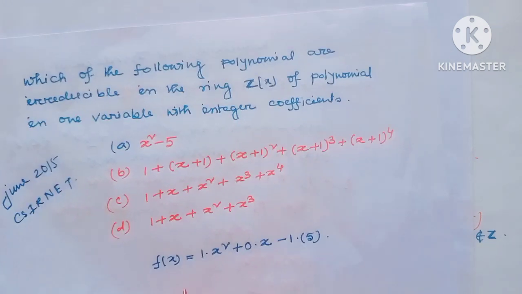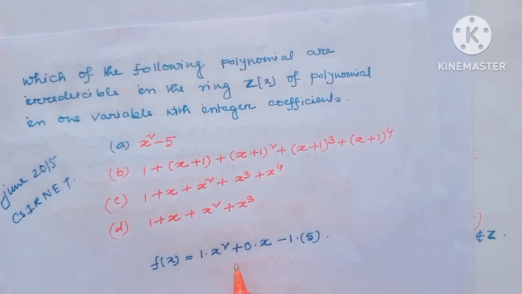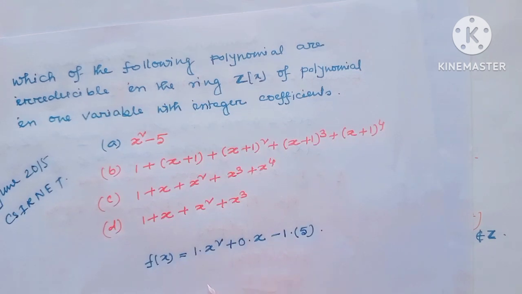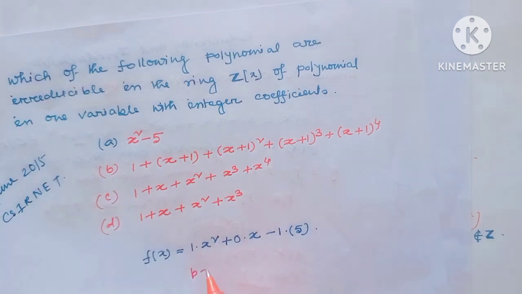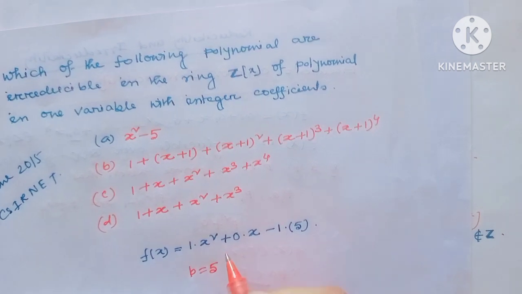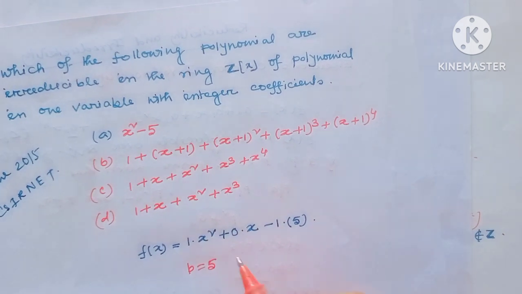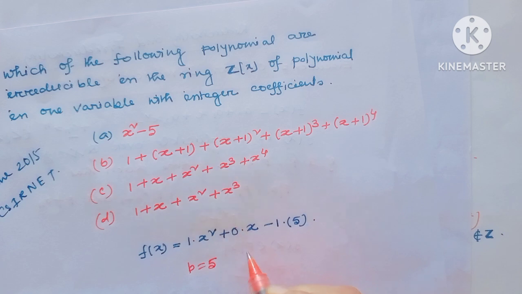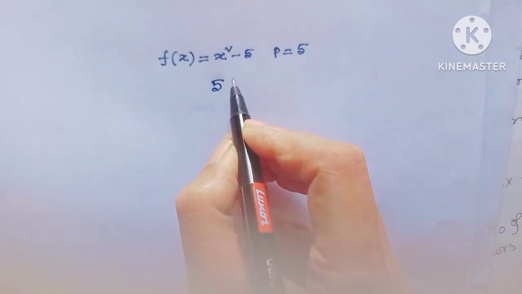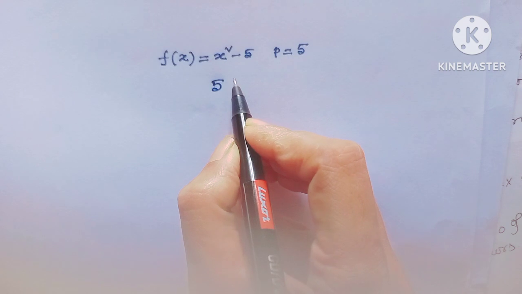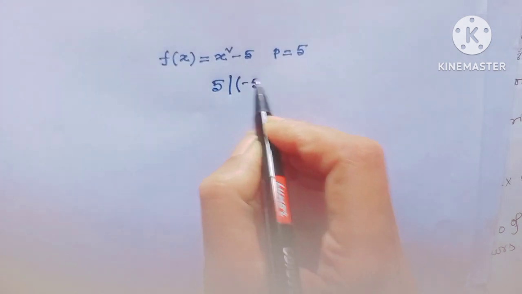f(x) equals 1 times x square plus 0 times x minus 1 times 5. Notice, by Eisenstein's criterion we can tell here p equal to 5. Then p divides, here 5 divides minus 5.